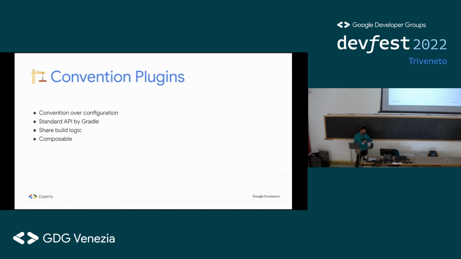Okay, we still have some time, so let's go through the convention plugins. Convention plugins is a fancy word just to define a reusable Gradle plugin, which can help us to configure our project. But the main point is that it follows the rule of convention over configuration. Until now, you've been configuring your builds not in the smartest way.